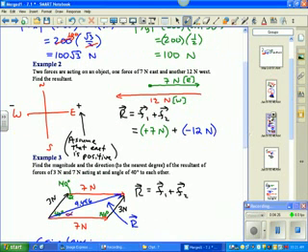And if we do 7 plus negative 12, we're going to end up with negative 5 newtons as our overall resultant force. Or you could say it with direction. You could say it's 5 newtons in the direction of the west. So either conclusion is fine for the overall resultant vector.